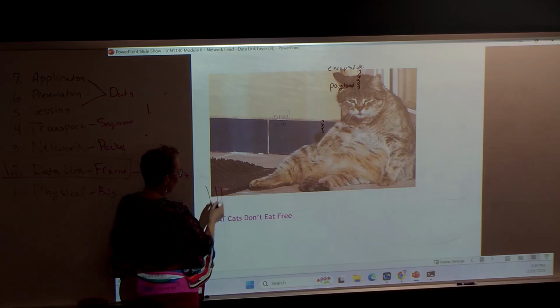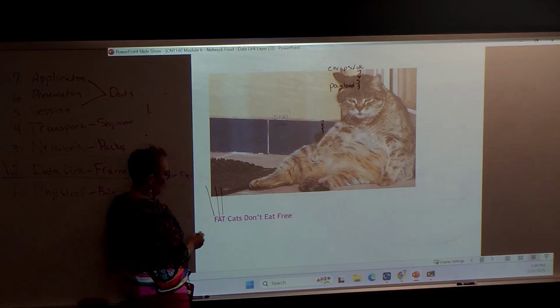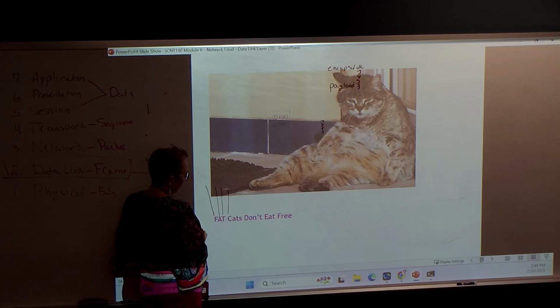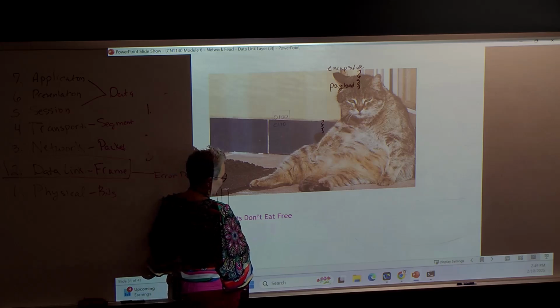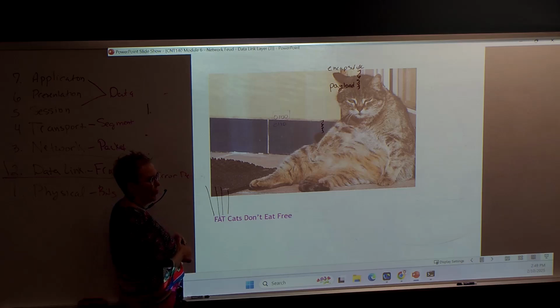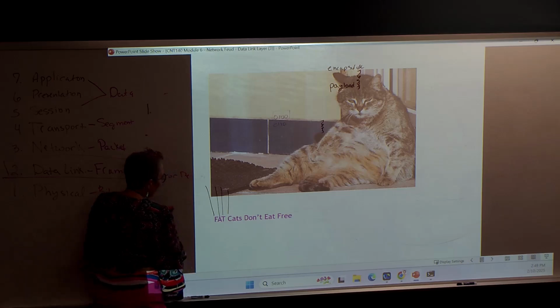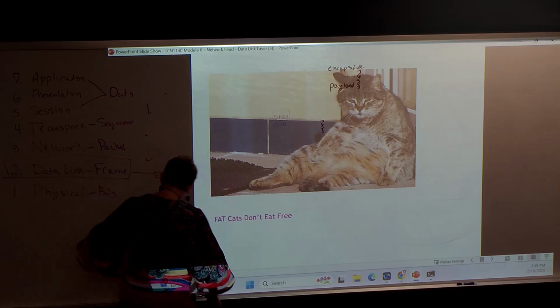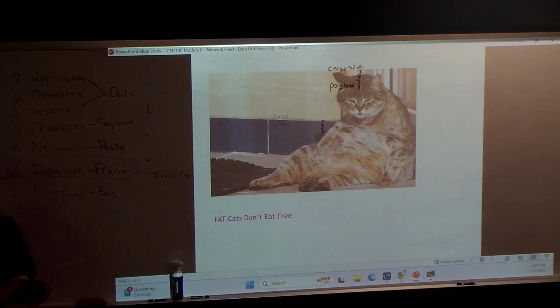T is for type. C is for the cats, which is why that is capitalized: F-A-T and then cats, control. Don't, eat: error detection. Free: frame stop. Fat cats don't eat free.